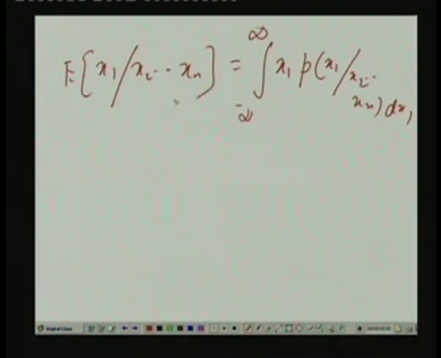Here what we have done, we choose a particular value of x2, choose a particular value of x3, constants, and another constant value for xn, put them here, subject to that find out the expected value of x1. So, multiply x1 by the corresponding conditional density and integrate.